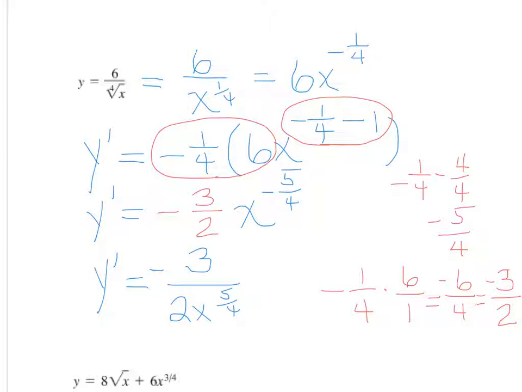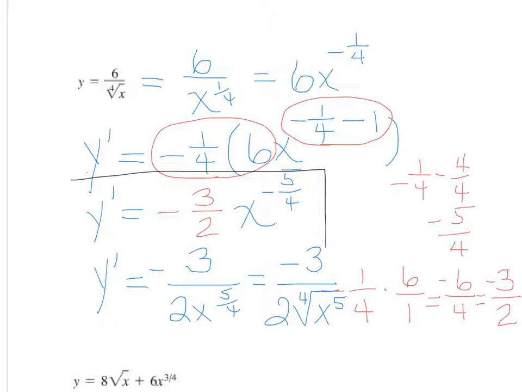And the final step, if you're just determined to do a lot of extra algebra, and again, this is not necessary, is to take that and make it into negative 3 over 2 on the fourth root of x to the 5th. But again, you can stop at this step right here, because that actually is a perfectly good answer and has completed all the calculus.